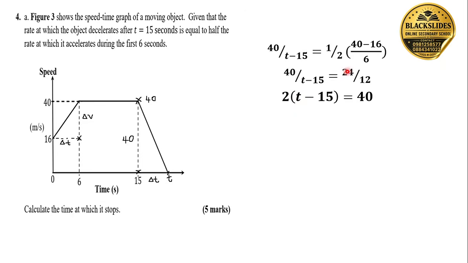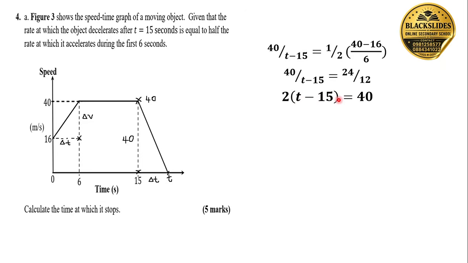This 2 here is 24 divided by 12. Then cross multiply: 1 times 40 is 40, and 2 times this is 2(t minus 15).